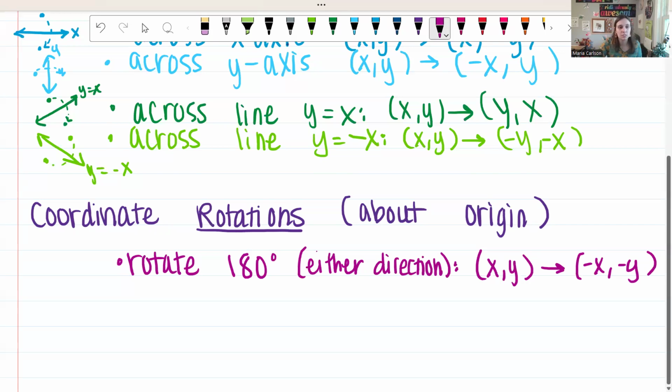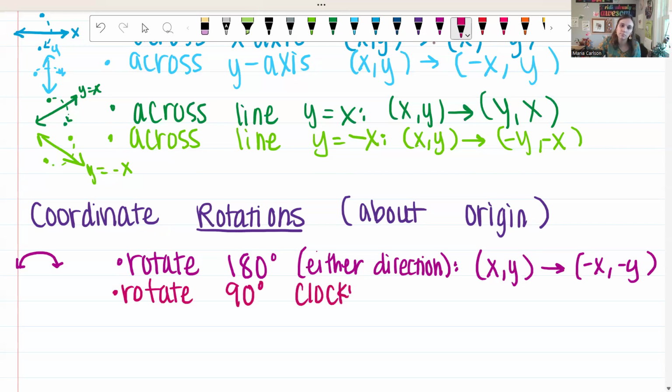The other ones are a little bit different. Imagine here we're rotating 180 degrees. That is rotating 2/4 of a circle, or half of a circle, either direction. So what if we are rotating 90 degrees clockwise? That means we are rotating a quarter of a circle the way a clock spins.